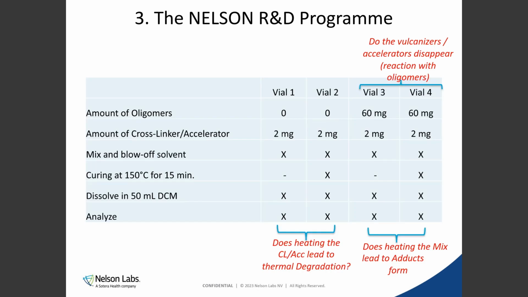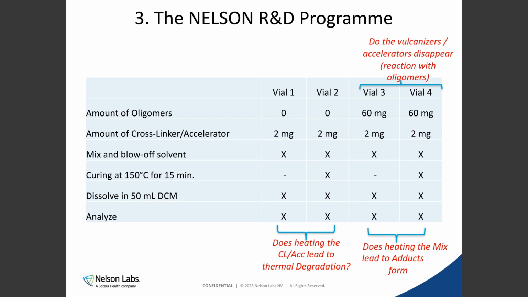Okay, so we started with 4 different mixtures. In the first vial, that was a pure blank mixture, meaning we took none of the oligomer, only the crosslinker and accelerator. That is the first blank, vial 1. In the second blank, we had the same mixture, but then we heated it as it would be in the curing procedure in the normal production of rubber products.